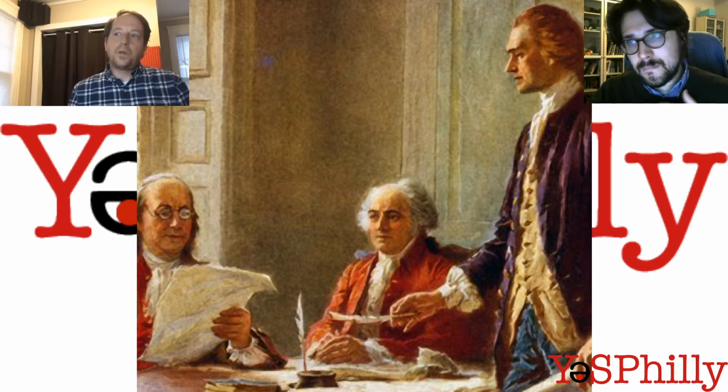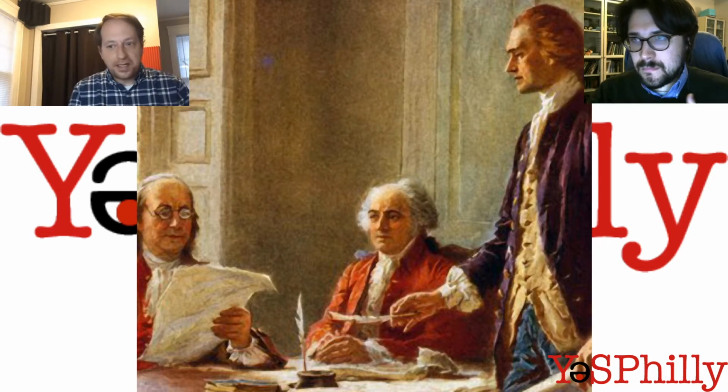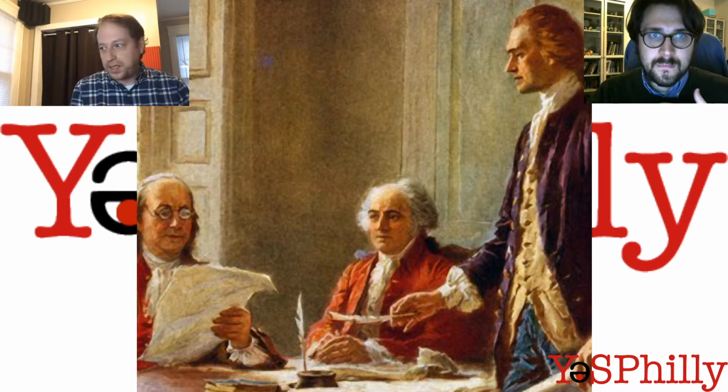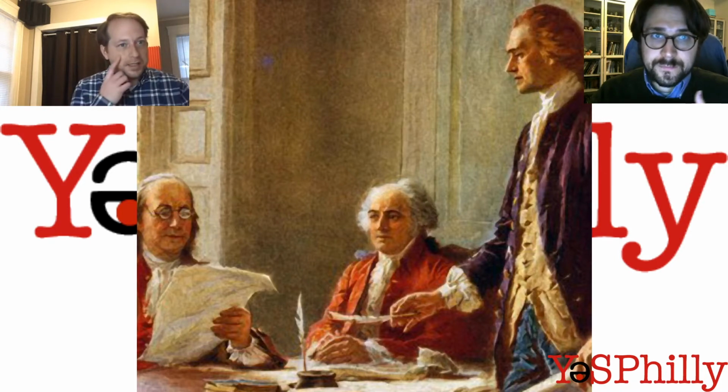And one of the ways that we know that is from a really fascinating book that was published 20 years ago by Pauline Maier, a very well-known, highly respected historian of the American Revolution, where she basically uncovered what she came to call local declarations of independence, right?